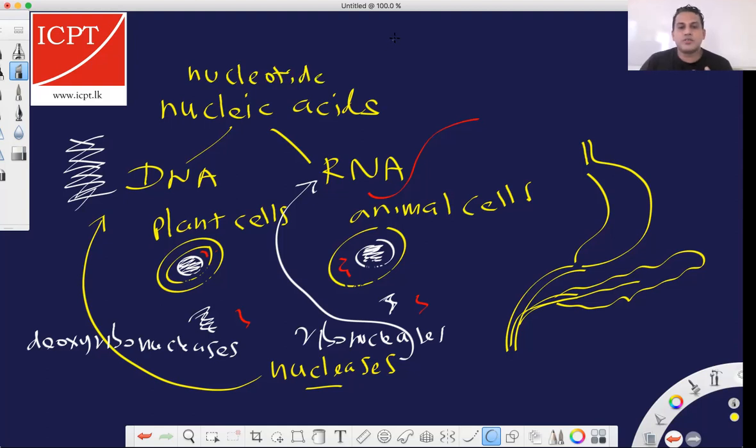So how does it look? It has this pentose sugar, either deoxyribose or ribose. And this has a nitrogenous base and the phosphate group. That's a nucleotide. So this nucleotide is the monomer or building block of these macromolecules DNA and RNA.